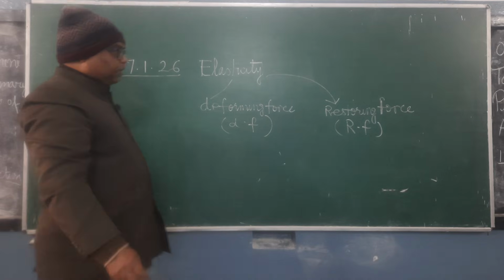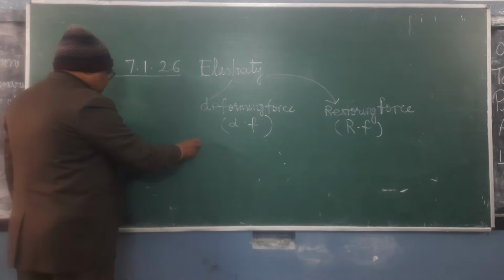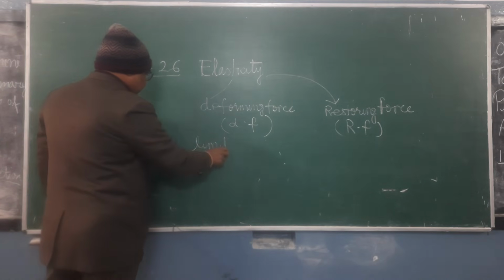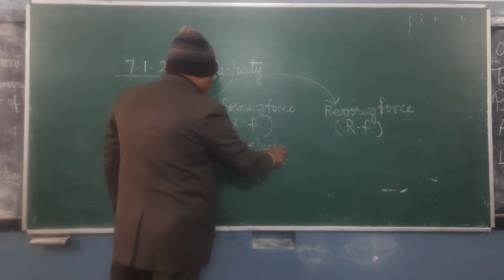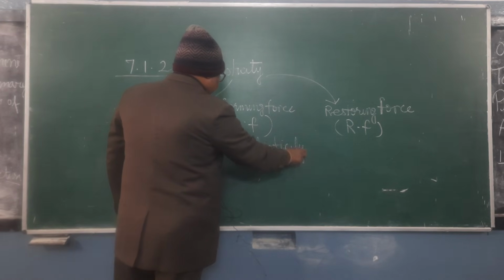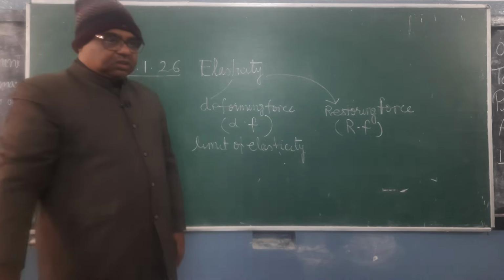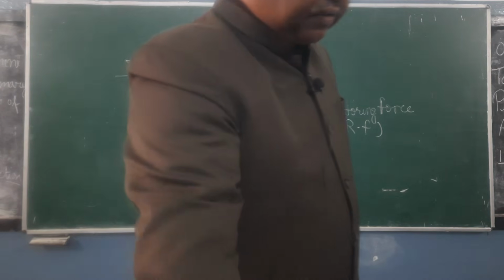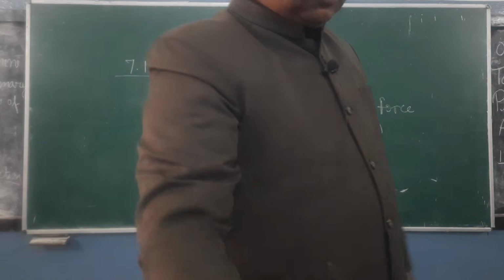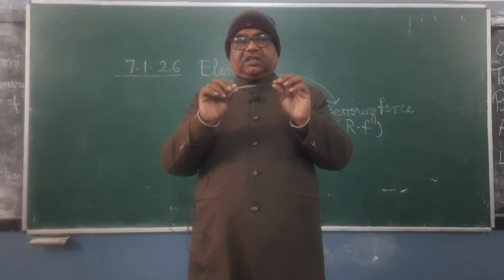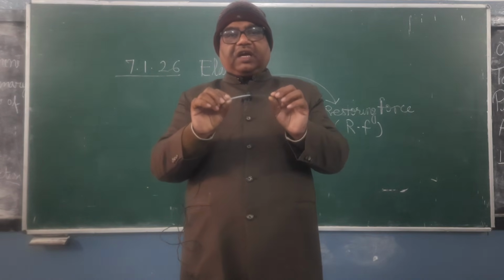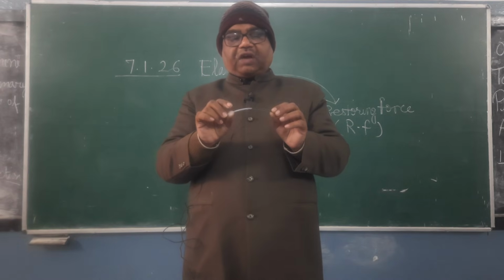Now there is a term, limit of elasticity. Every body is elastic up to a certain value of deforming force. For example, here, this will return back, it will retain its property of elasticity.